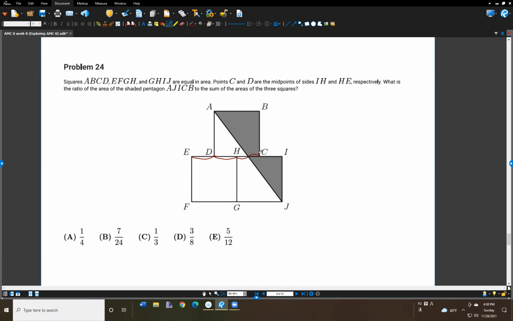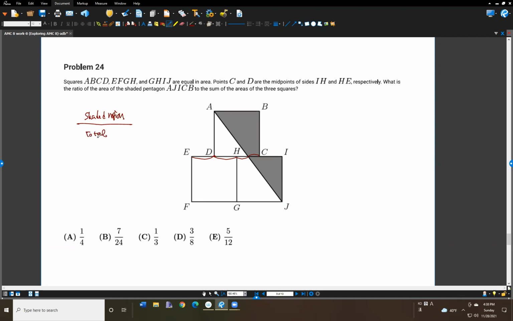Okay, what is the ratio of the area of the shaded region AJ to the sum of the area of the 3 squares, okay? So the area of this shaded region over the entire area, okay? Total area.